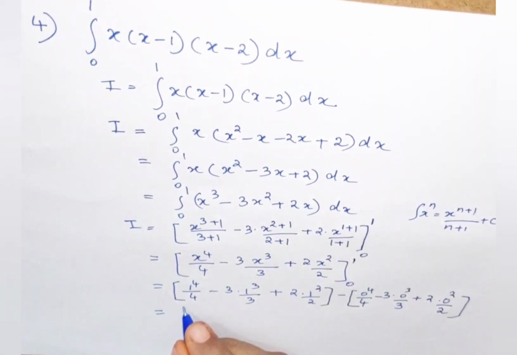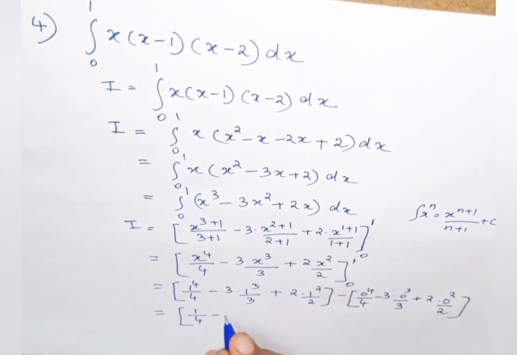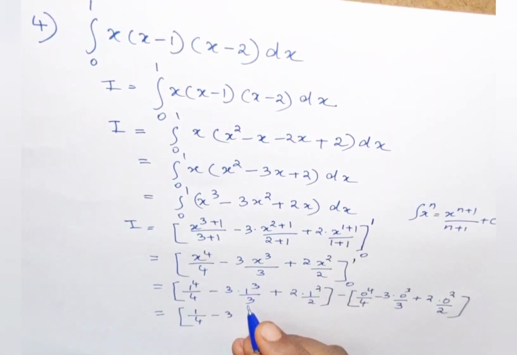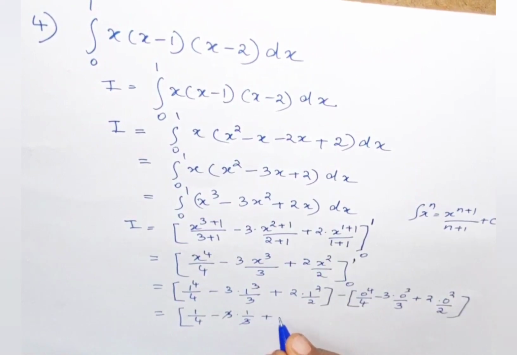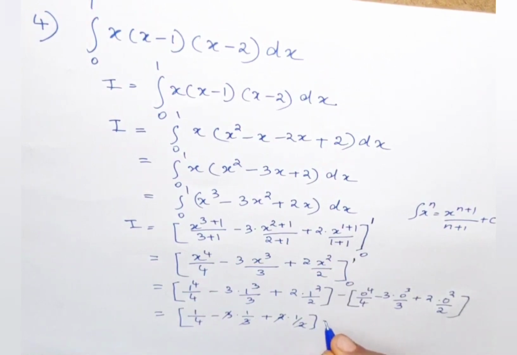Now let us evaluate this. So 1 cube is 1. So 1 by 4 minus 3 into 1 cube by 3 is 1 by 3. Now we can cut 3 and 3 there. Plus 2 into 1 square is 1 by 2. We can cut 2 and 2.